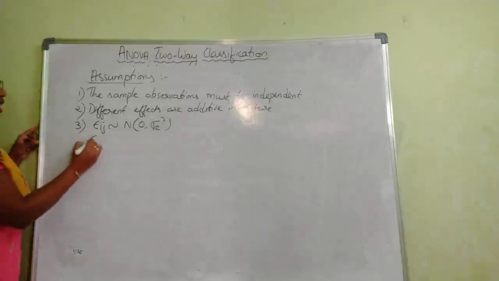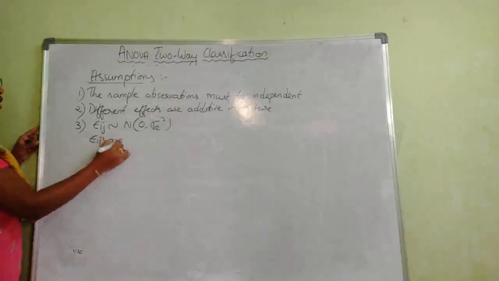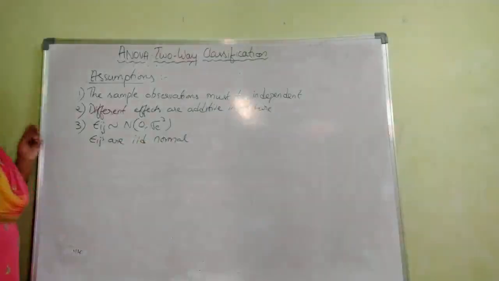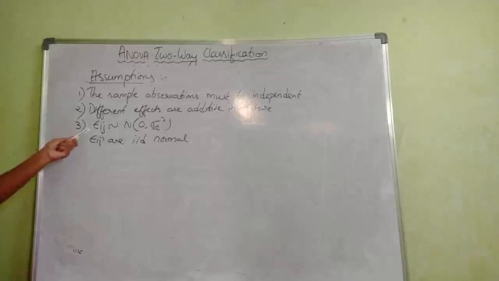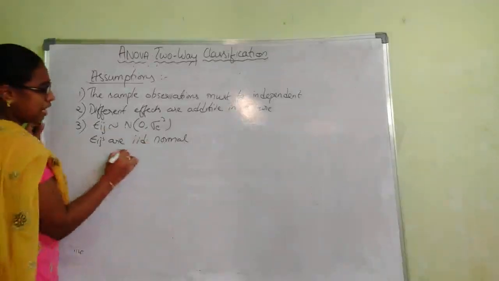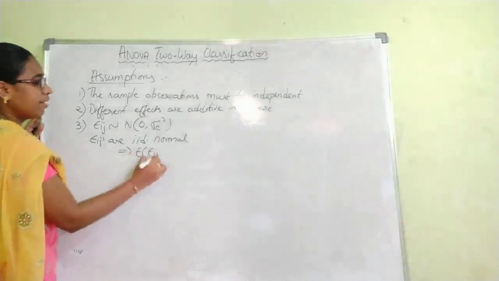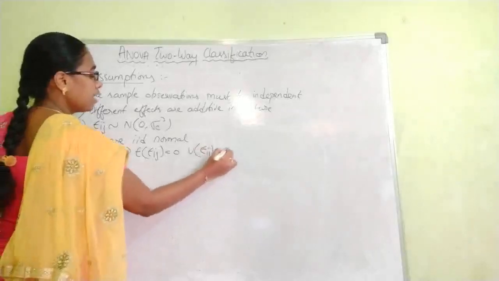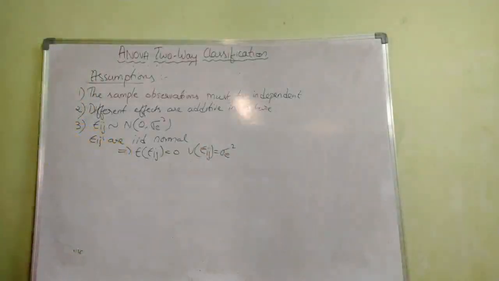The epsilon ij's are IID normal, that is, identically independent normal variates with mean 0 and variance sigma square, which implies that the expectation of epsilon ij equals 0 and the variance of epsilon ij equals sigma e square. So these are the assumptions of the ANOVA two-way classification. Note down the assumptions.